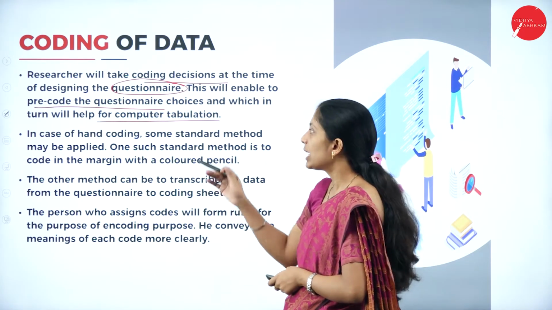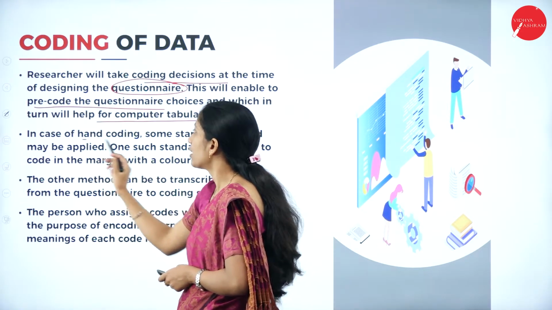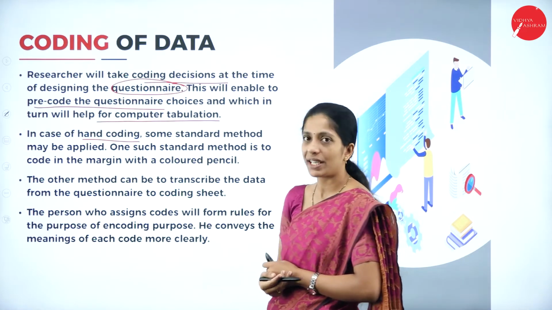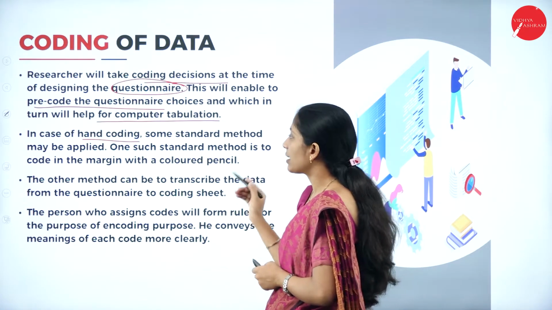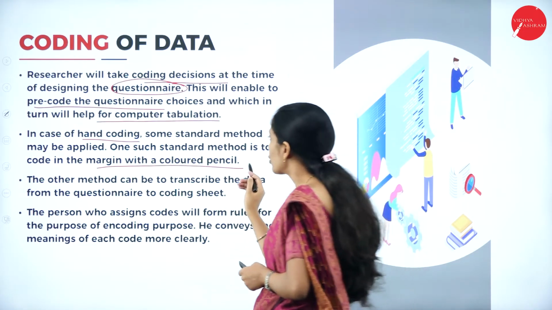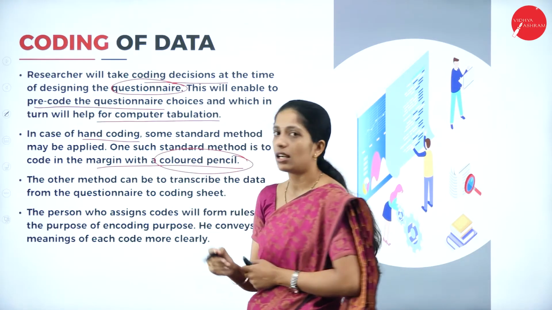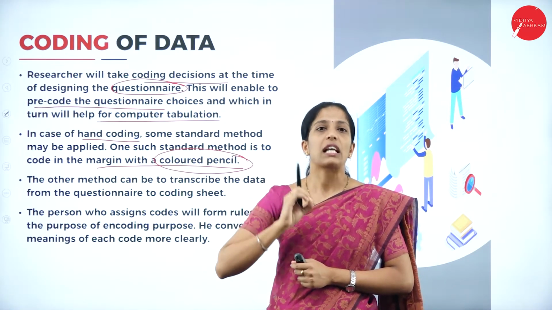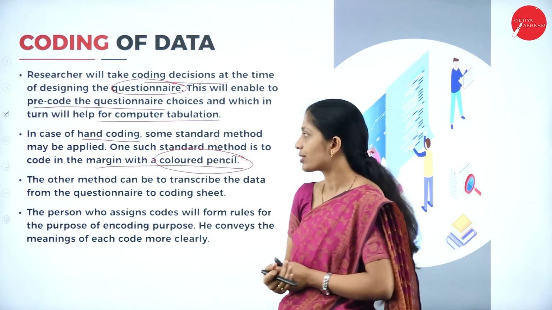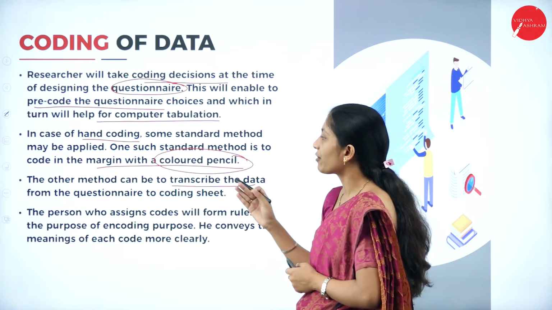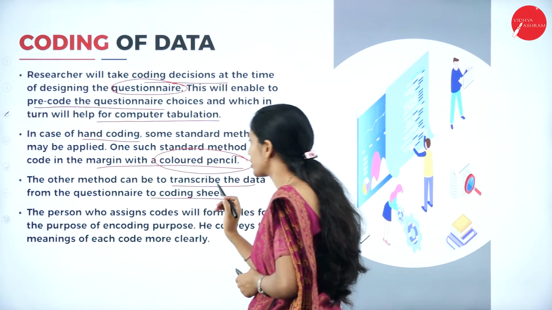So we can prepare the tabulation also easily and quickly. In case of hand coding, some standard method will be applied. One such standard method is to code in the margin with a colored pencil. Here they can use the colored pencil in order to indicate the codes. Different colors indicate different codes. Another method can be to transcribe the data from the questionnaire to the coding sheet.